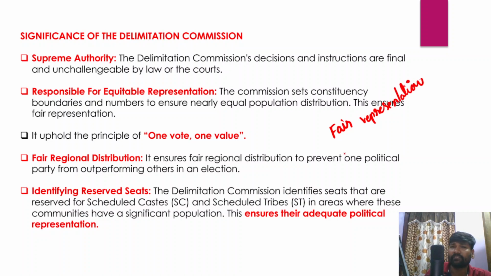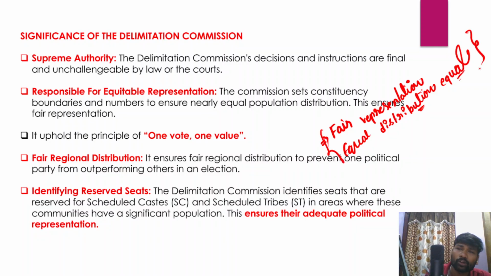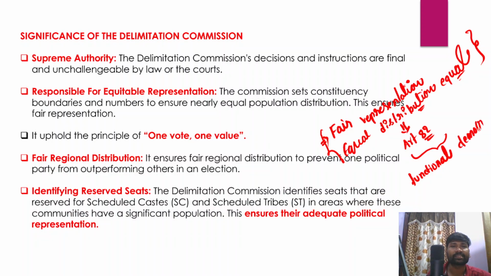Apart from that, it also ensures equal distribution of political power. So political power would be distributed equitably, right? Equitable distribution of political power is the ultimate objective of establishing a Delimitation Commission by Article 82 of the Indian Constitution, right? This is very important for any functional democracy like India. For any functional democracy like India, the delimitation exercise is very important.